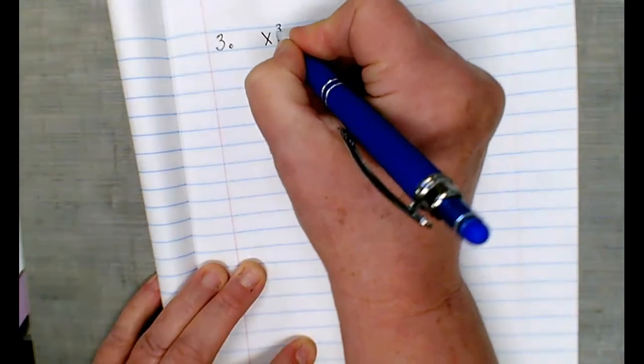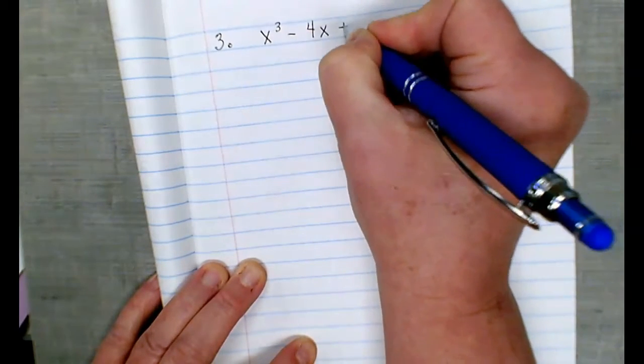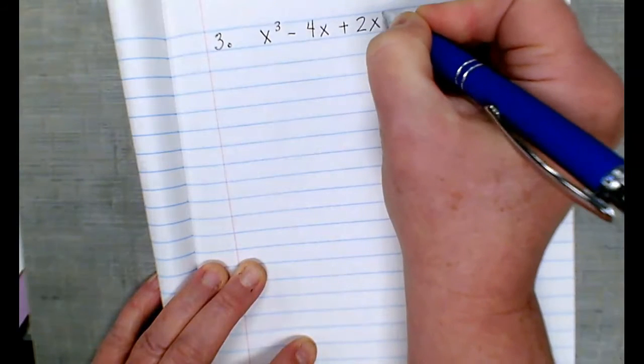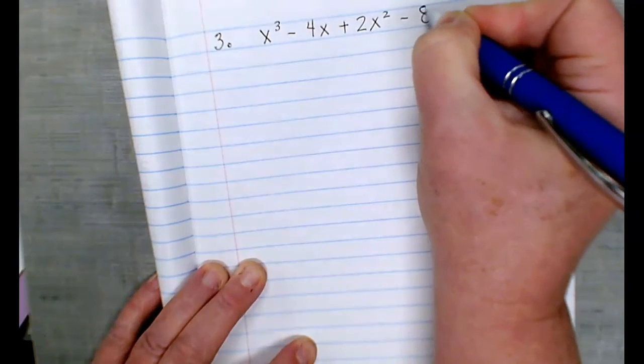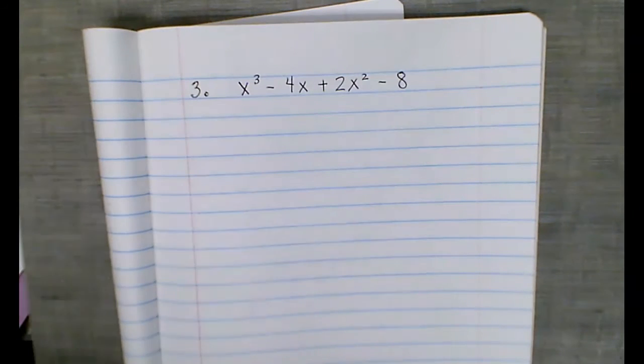X to the third power minus 4x plus 2x squared. This is not in standard form, but we'll go ahead and go with it. Does it have a GCF?